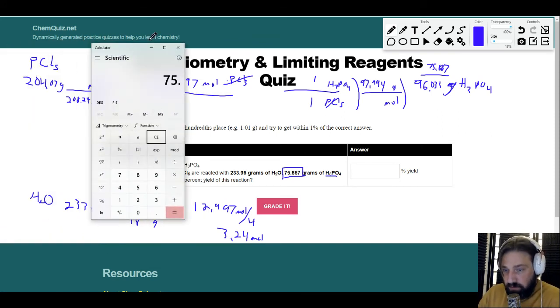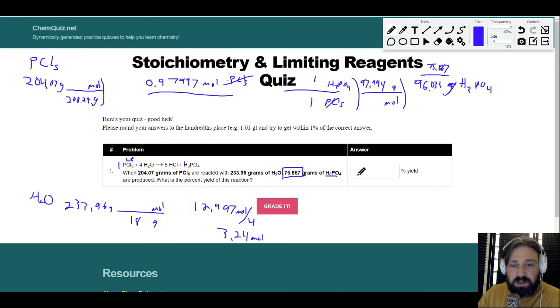So 75.867 divided by 96.031, times 100, is 79.00%.